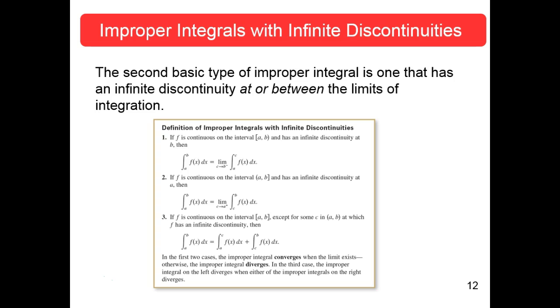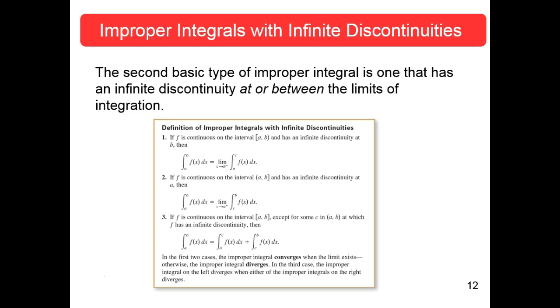Now, if f is continuous on the interval a to b, except for some one value c somewhere inside a to b, at which f has an infinite discontinuity, then this integral, if you can do it, would be the integral from a to c of f of x dx plus the integral from c to b of f of x dx.